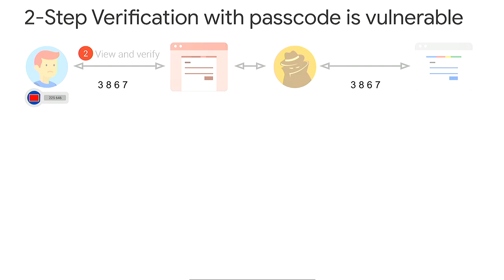What we're also seeing is that there are more and more open source toolkits available for an attacker to easily set up this type of attack. So although it's better than nothing, a second factor with a passcode is vulnerable.